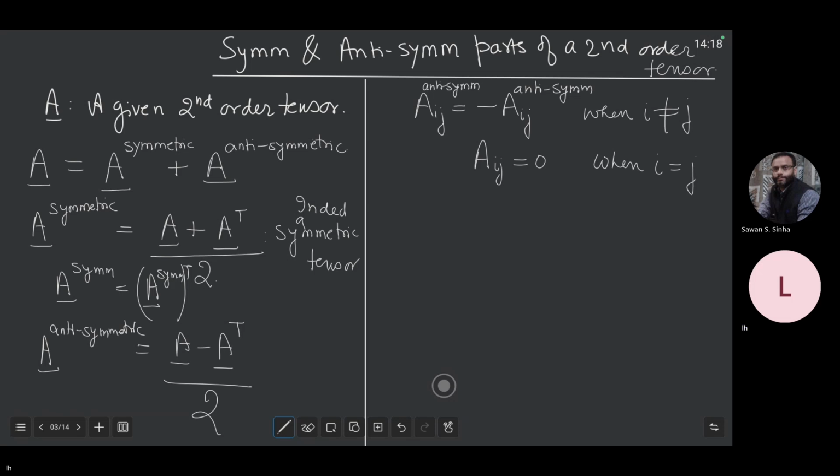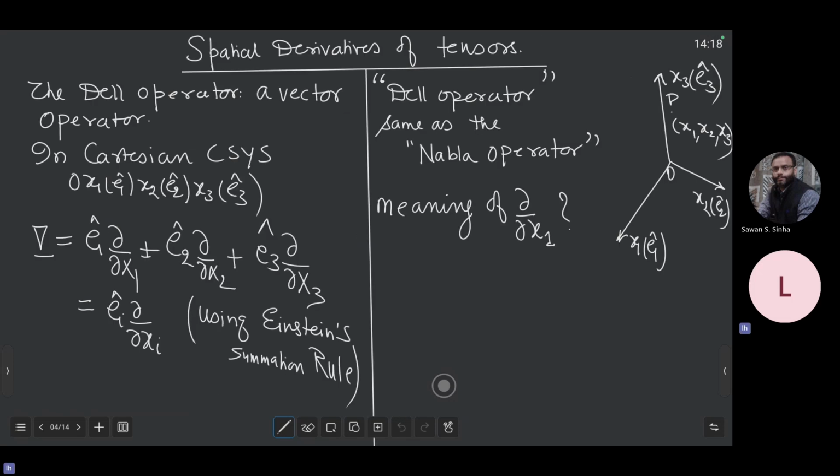All right, what next? Spatial derivatives of tensors. We need to learn this also, again, because it will come in the equation. I define a new operator, which we call the del operator. It is a vector operator. It is also called sometimes the nabla operator.